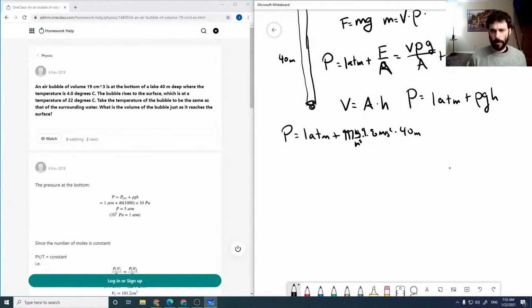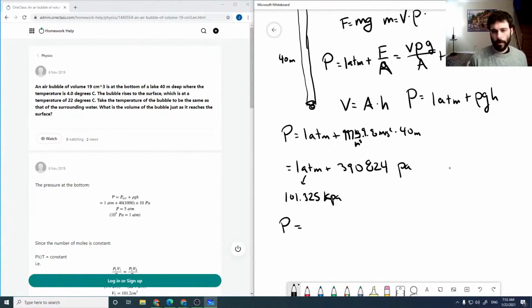So this is going to give me 1 atmosphere plus 390,824 pascals. An atmosphere is 101.325 kilopascals.